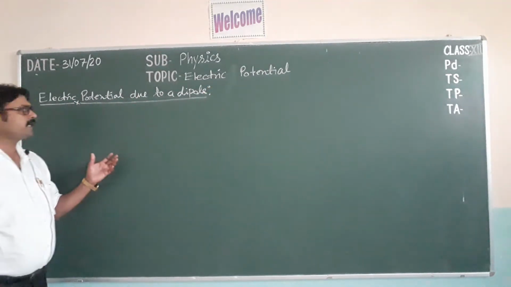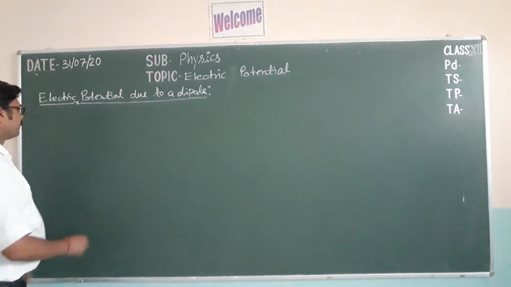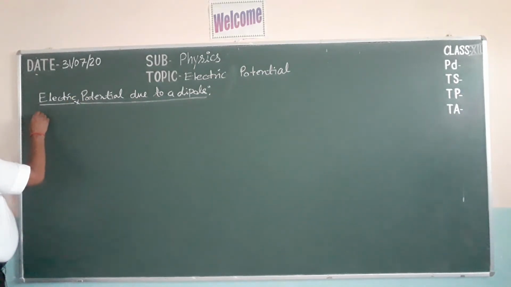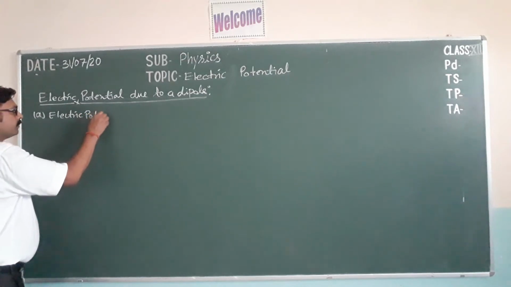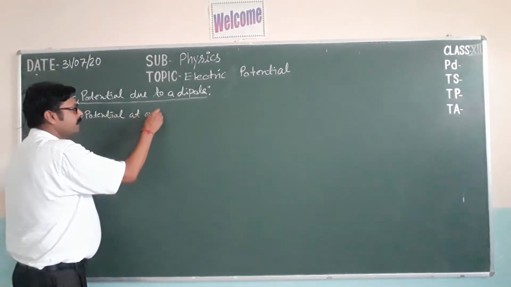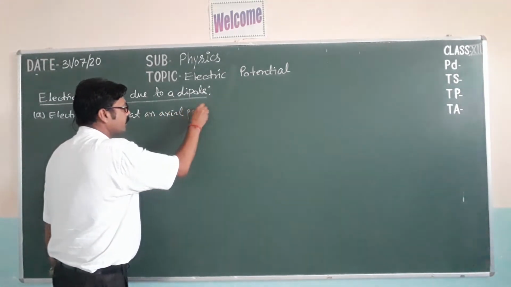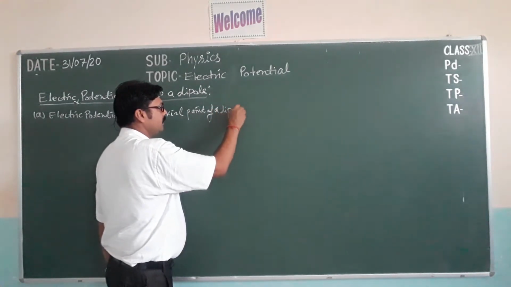But for calculating the value of electric potential for a dipole, there are different cases. So the first case is electric potential at an axial point of a dipole.